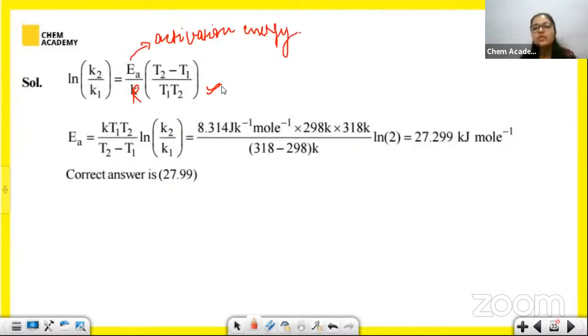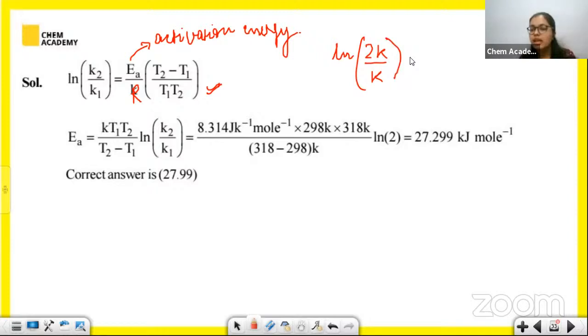Now we will substitute the values of T1 and T2 in this equation, and we will be able to get the value of activation energy. Also, it said, the simplified version, I'll show you how to do it. It said that on raising the temperature, the value of rate constant becomes 2 times.